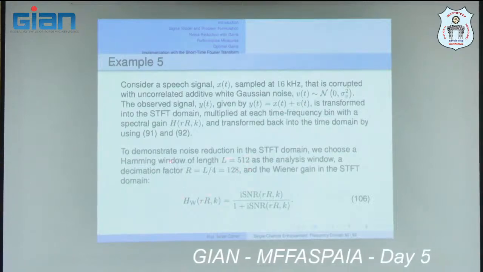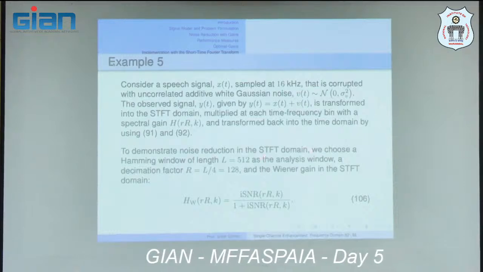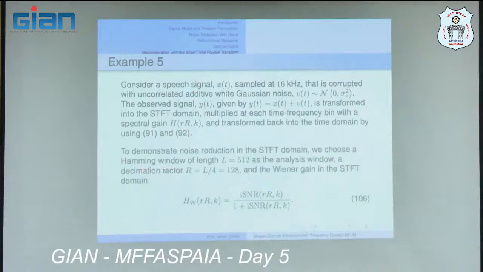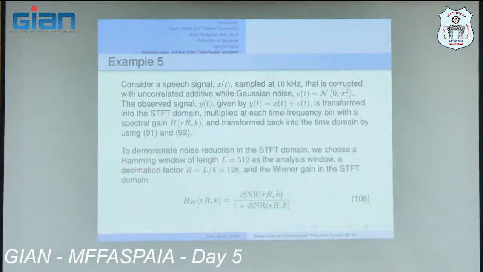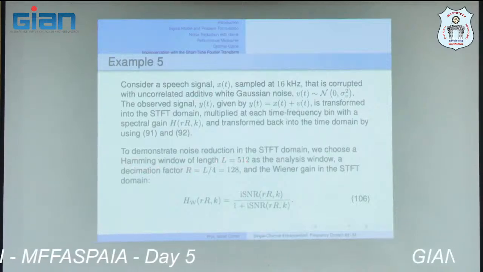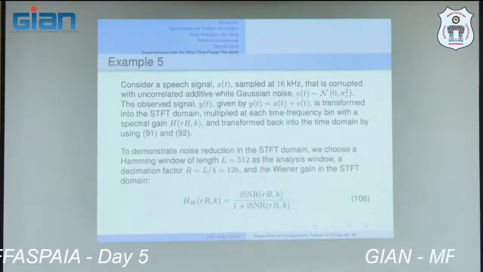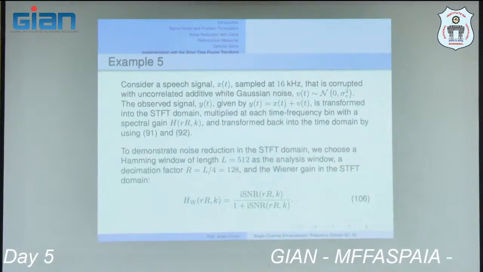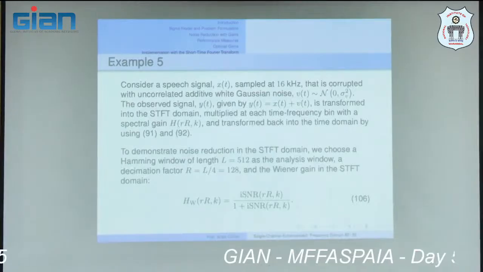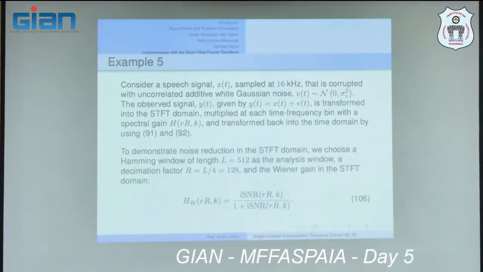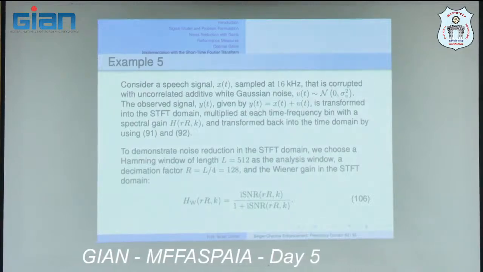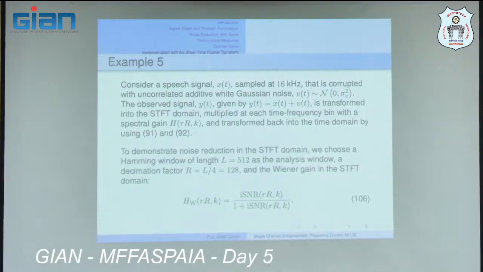and suppose that we apply the STFT, short time Fourier transform, with Hamming windows of length 512 samples. 512 samples for 16 kilohertz means the length is 32 milliseconds. 32 milliseconds makes sense for speech because it's not too short an interval or window and not too long.